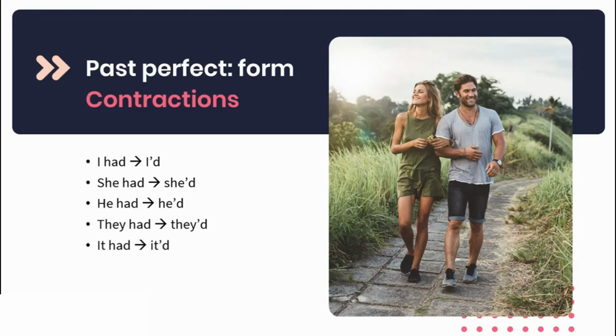It had becomes it'd. You had becomes you'd. Again, you can choose whether or not you want to use contractions. In formal situations, it's best to stay away from contractions, but if you are speaking in a natural circumstance, you can use contractions.